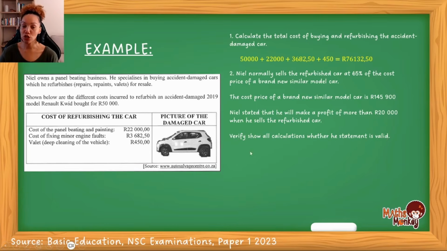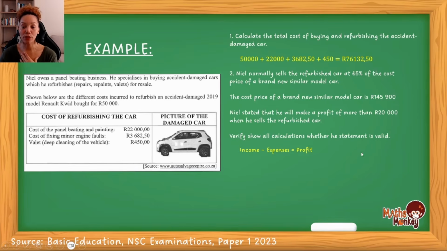Okay, so what they're saying here is he sells this car at 65% of what a new car for that same model would cost. And the new car would be 145,900.